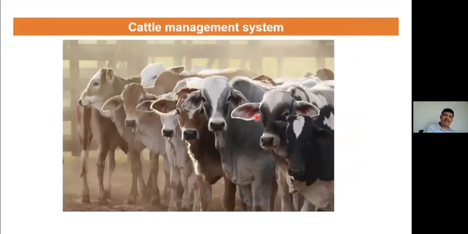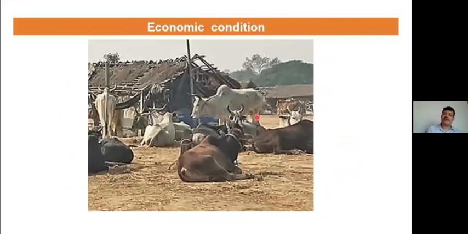Now for that, actually two things are mainly responsible. We have to work on two major things. One is the cattle management system and the other is the economic condition. Both are interlinked. If you don't have economy, you cannot put your cattle on an AC set. And both things you cannot improve in one or two years.